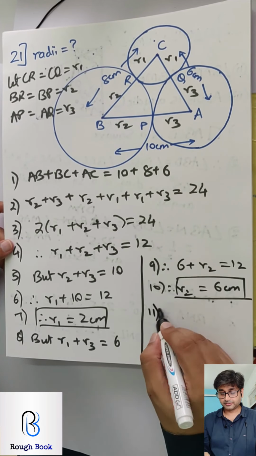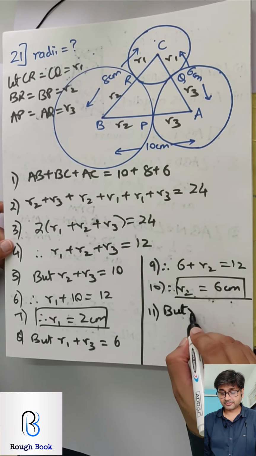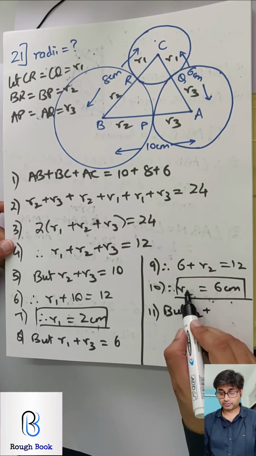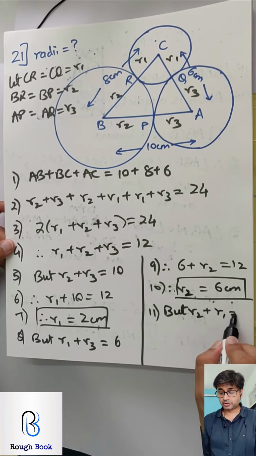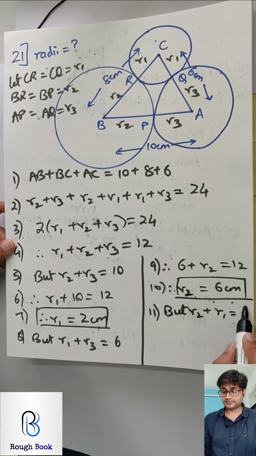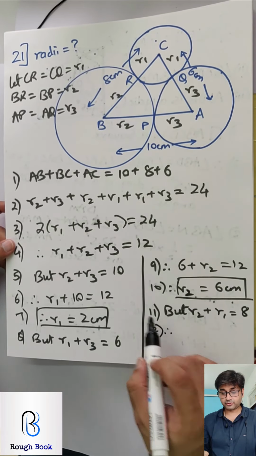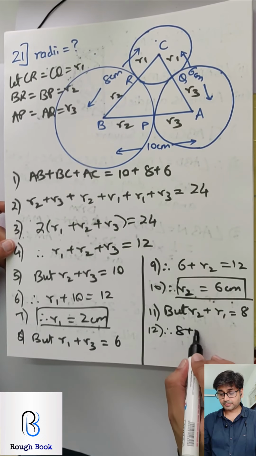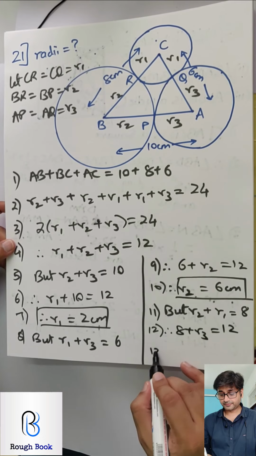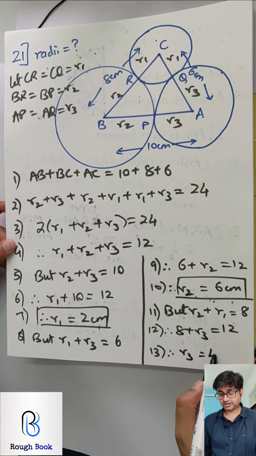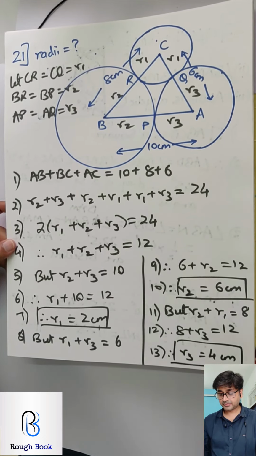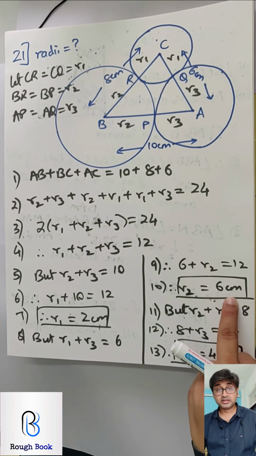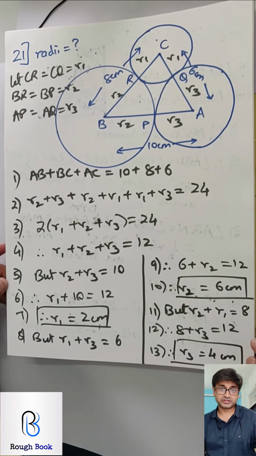And now for the third one, we want R3. So R2 plus R1, that is 8, plus R3 is 12. So we will get R3 as 4 centimeter. In the end you can write the final statement. Therefore the radii are 2 centimeter, 6 centimeter and 4 centimeter.